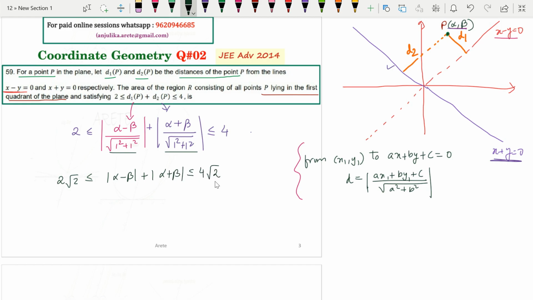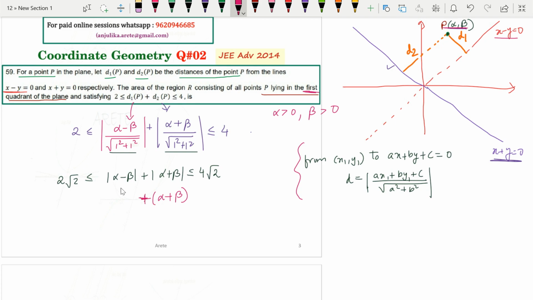Now what's our problem? Removing the modulus sign, right? If I can remove the modulus, I'm able to solve that. Now what do we know about alpha and beta? They say that it is in the first quadrant, so my alpha is positive and so is beta. What happens if I know both are positive? The second modulus I can remove, because if alpha and beta both are positive, then alpha plus beta is always positive.